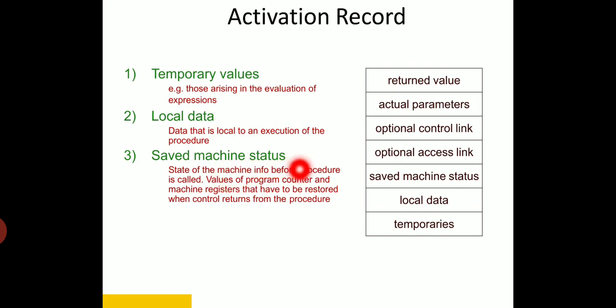That machine status means the program counter has to reach that information. That will be the machine status, the status of the machine before the procedure is called: values of the program counter and machine registers that have to be restored when control returns from the procedure. That is, after executing the add function, it should return back to the previous status of the main program. That will be stored in the saved machine status.